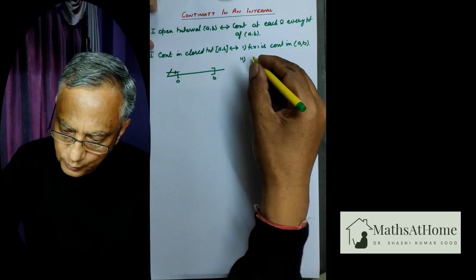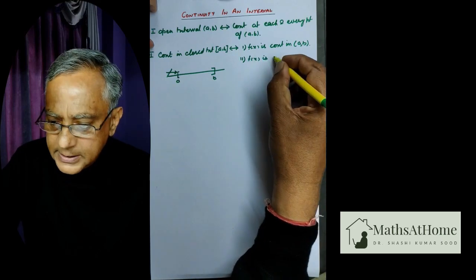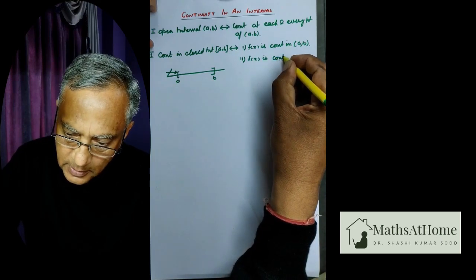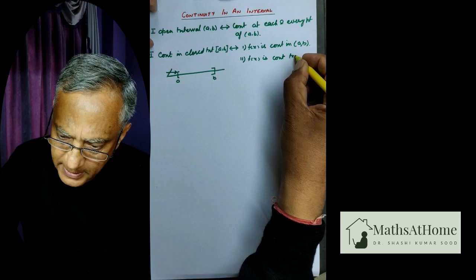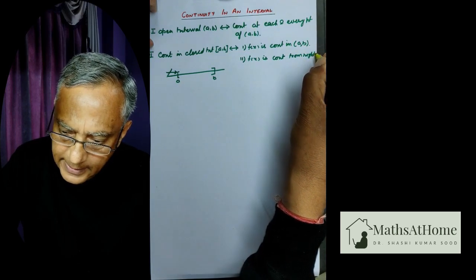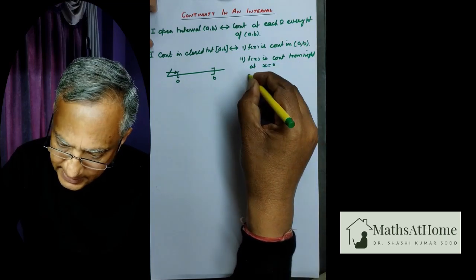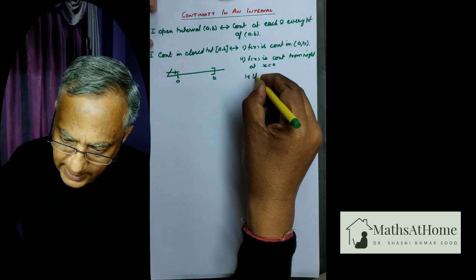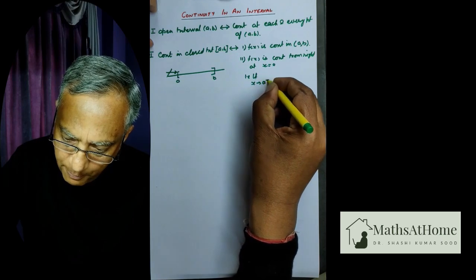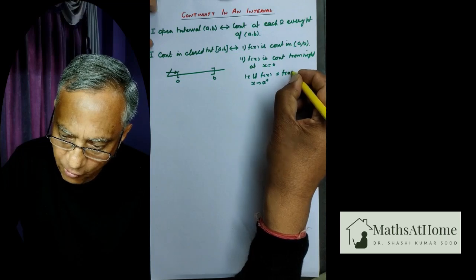That is, f(x) is continuous from right at x equal to a. That is, limit x approaches a from positive side, f(x) must be equal to f(a).